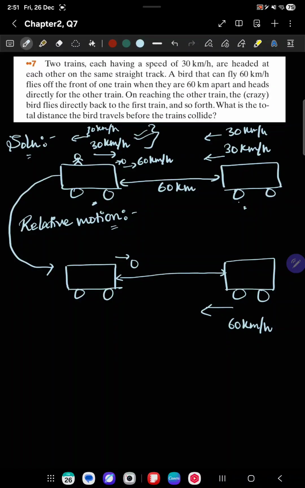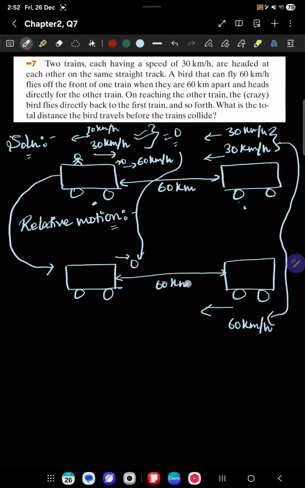So for this situation it will become 0, right? That's why we are writing this 0 here. And in this situation, since both this 30 km per hour and this 30 km per hour will get added, it will become 60 km per hour. So we are doing it like this. Now we can easily find out the time taken to travel this 60 km if one train is completely stopped and another train is moving towards it with a speed of 60 km per hour.